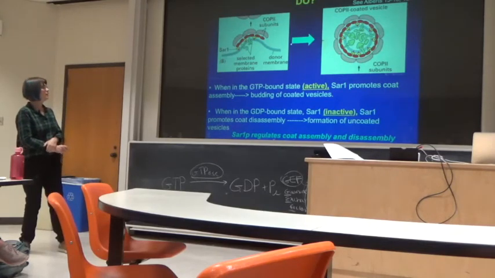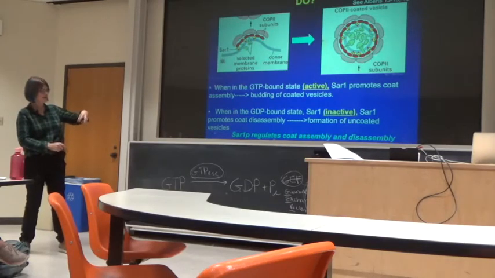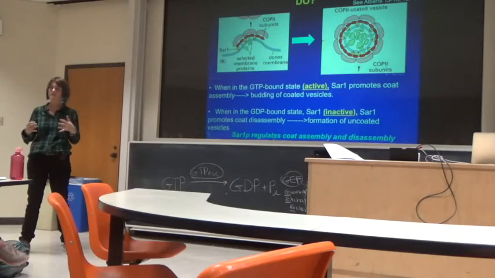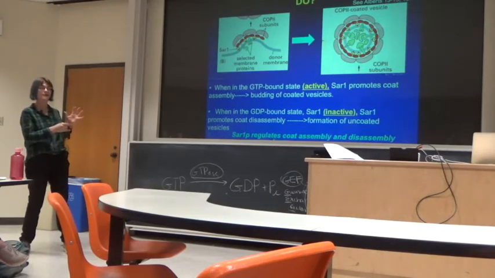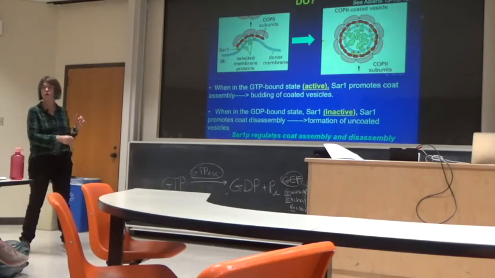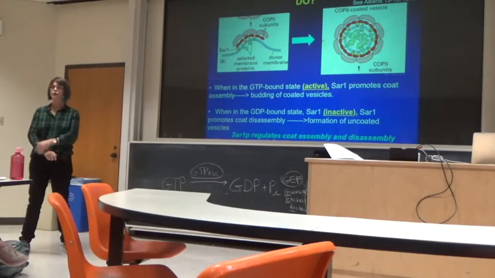It's not really known for COP2-coated vesicles, and what's known is that formation will cause the membrane to bend, and it could be that the bilayers get so close together that it becomes energetically favorable to pinch off like that. Good question. Other questions?